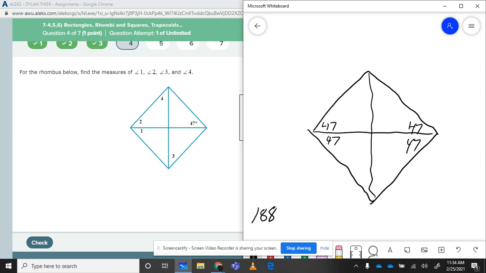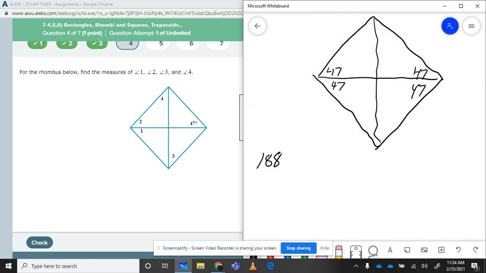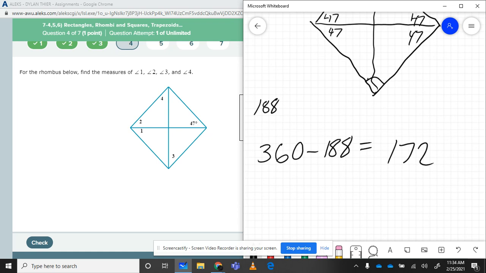We need the whole thing to be 360, because that is what we have on the inside of a quadrilateral. So 360 minus 188 will be 172, I think. Okay, so amongst these four angles, the top two and the bottom two, we should have 172.